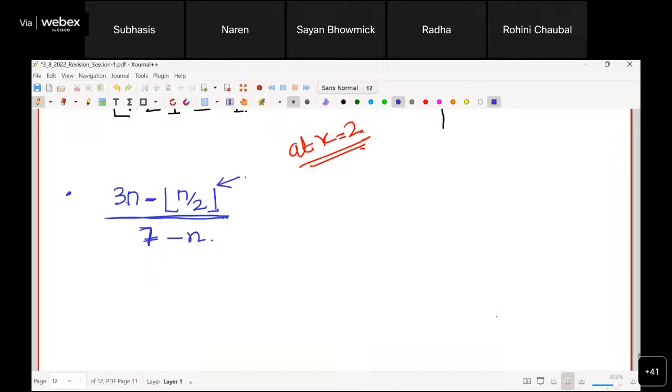This is the main problem. So you just have to get rid of this one. The first thing you need to check is, if n is even, what will be the value of this thing?